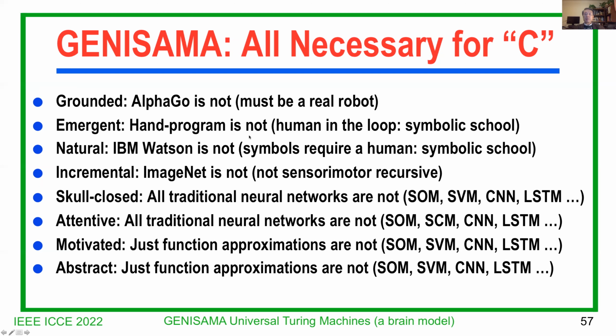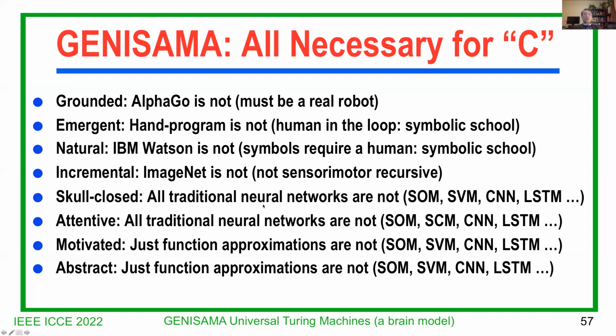If a hand program supplies these symbols and these rules, humans are in the loop of the symbolic representation. Natural: IBM Watson is not natural because symbols require humans to handcraft them, including the rules, including the meanings. Incremental: ImageNet is not incremental. It has a static set of data. So it's not sensorimotor recursive, as I said earlier.